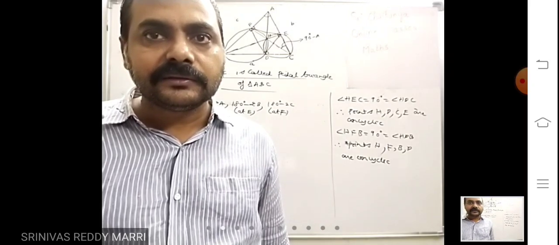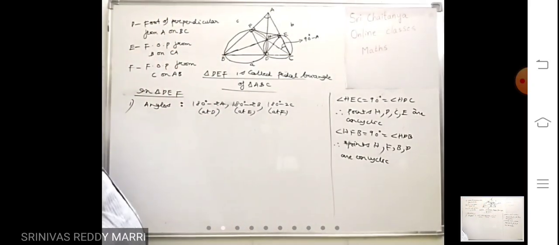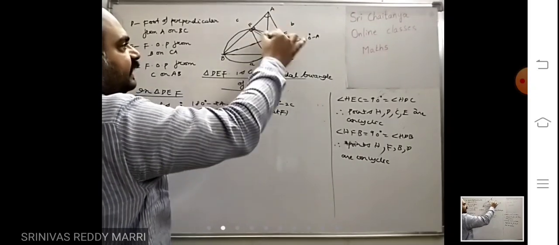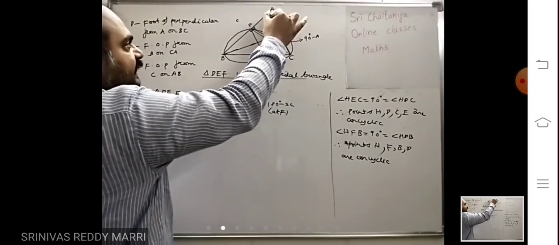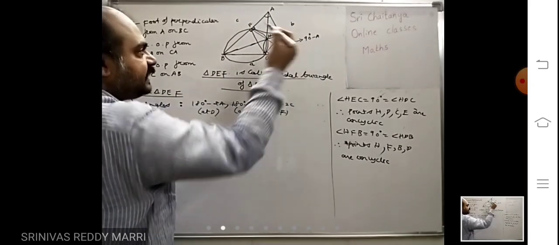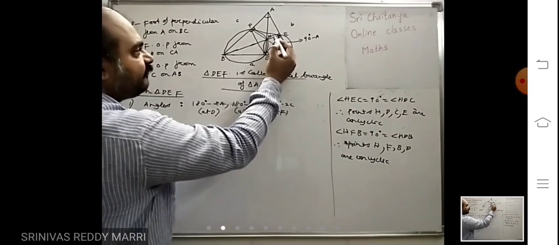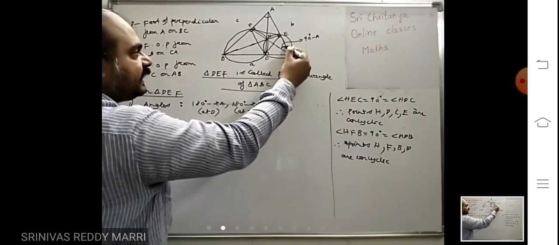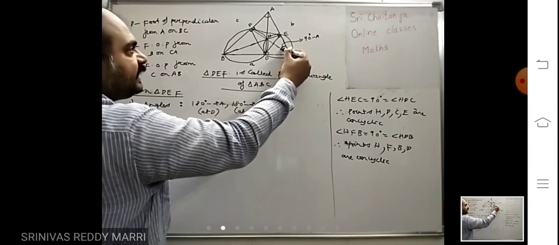Now look at this, Amma. In the triangle AFC, I am talking about this angle A, and this is 90 degrees, so this angle will be 90 minus A. Now look at this chord carefully. This HE subtends an angle 90 minus A here.